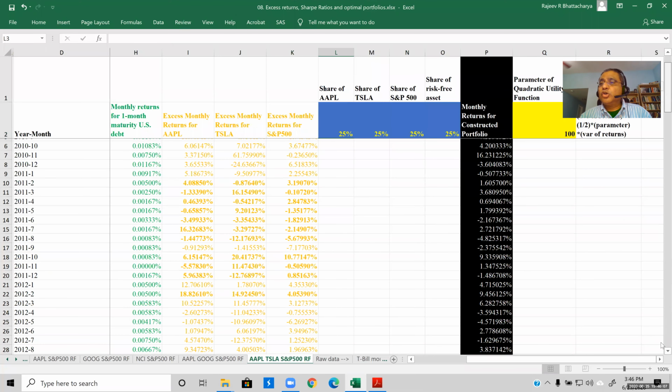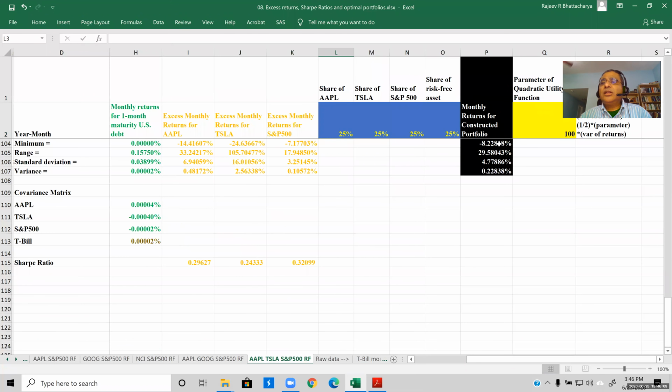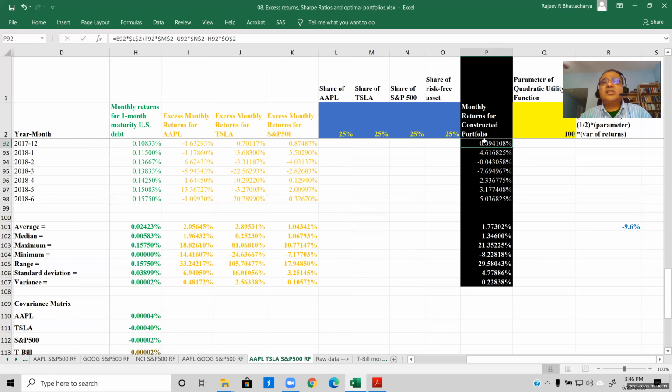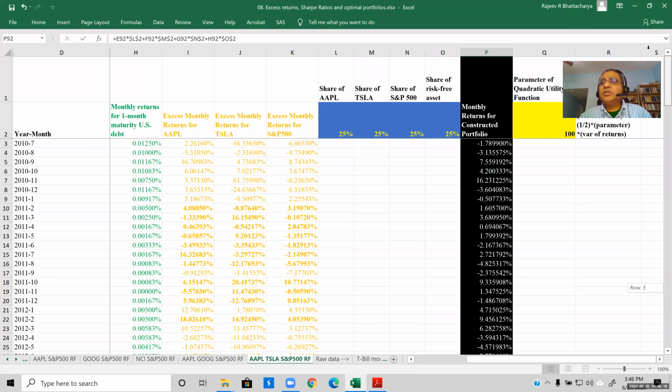All right. So in order to do so, like we did earlier, we create this constructed portfolio with the return of the portfolio depending on the returns of the individual securities multiplied by the shares of those individual securities. That's the constructed portfolio.